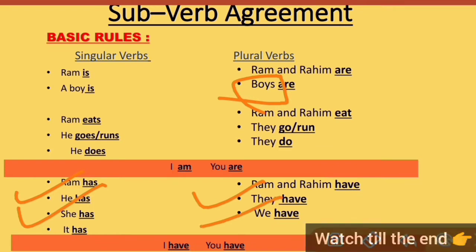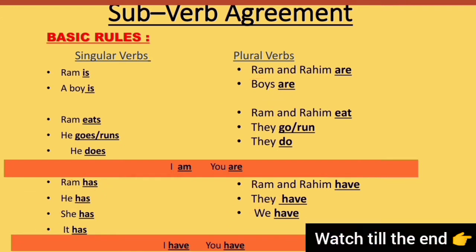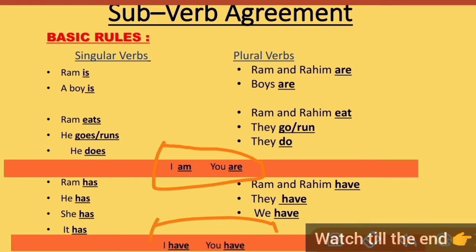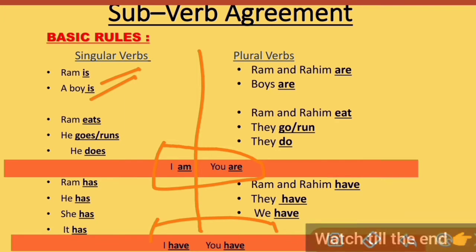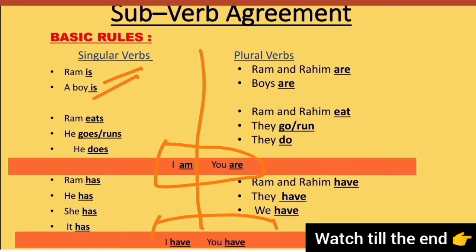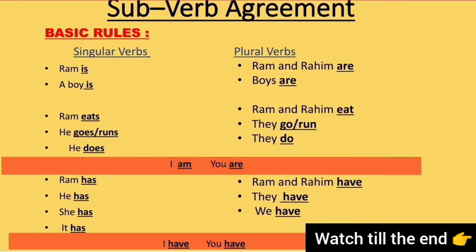But notice that I and you break all the rules. For single person take is, but I take am. And you can be used both as singular and plural, but take only are. Here both I and you take have.